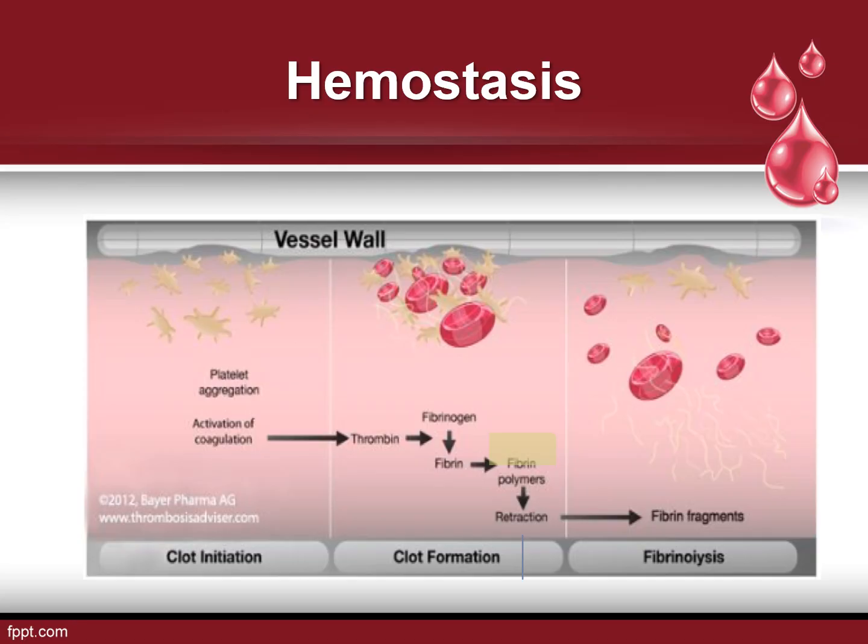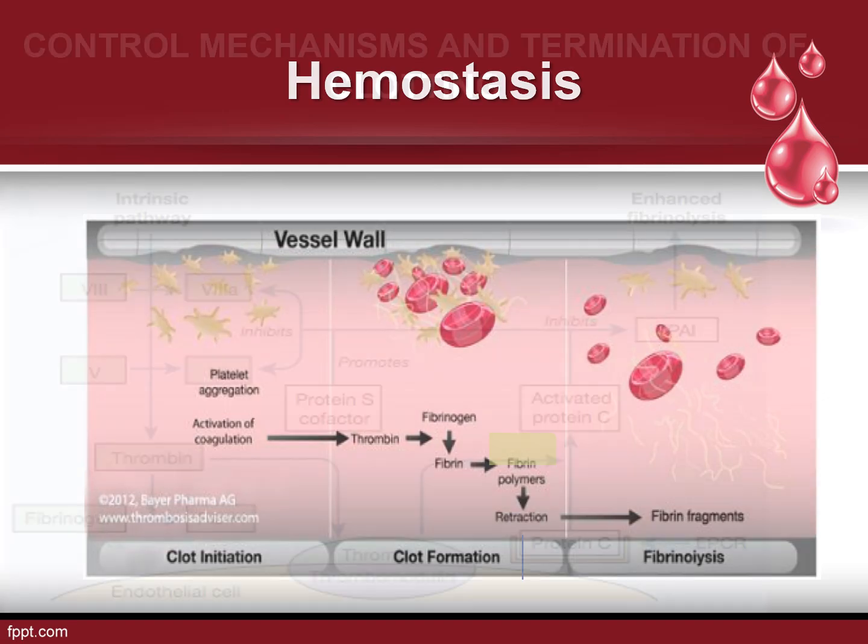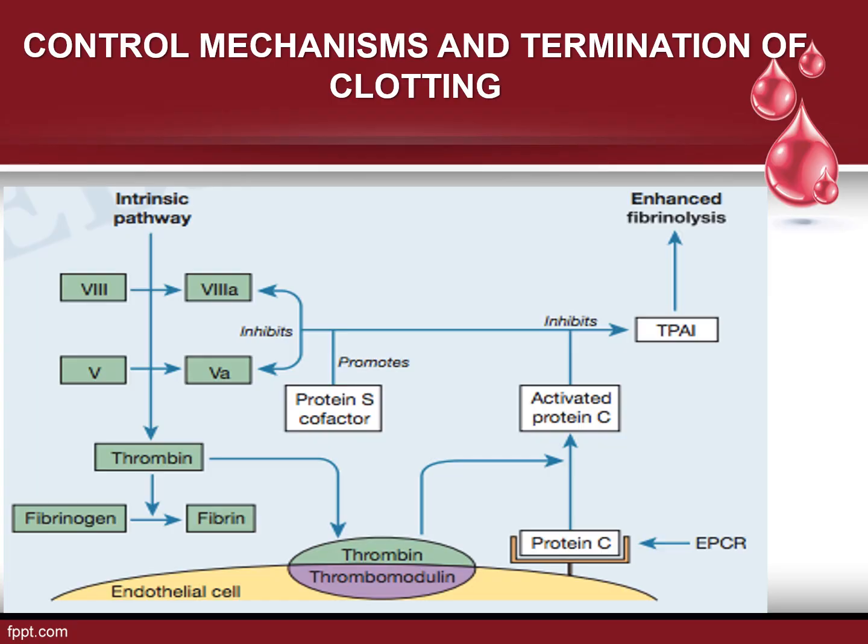Hemostasis is a well-balanced process between clot initiation and formation and fibrinolysis, as that cartoon explains. In the slides we can see the control mechanisms and termination of clotting, and also inhibitory molecules at different steps of the coagulation cascade.